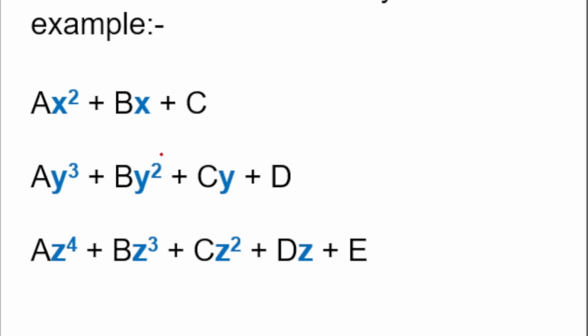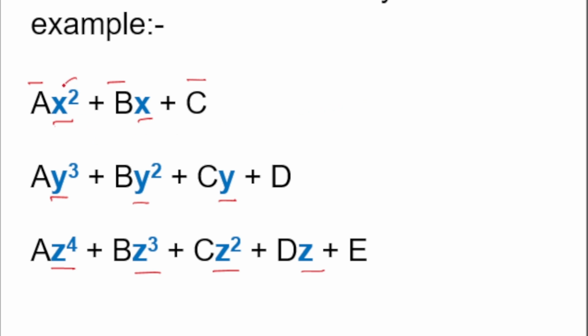So as we observe, x², x, y³, y², y, z⁴, z³, z², z: these all are variables. Generally, variables are denoted by the last characters of the English alphabet, and constants are denoted by the beginning characters of the alphabet.